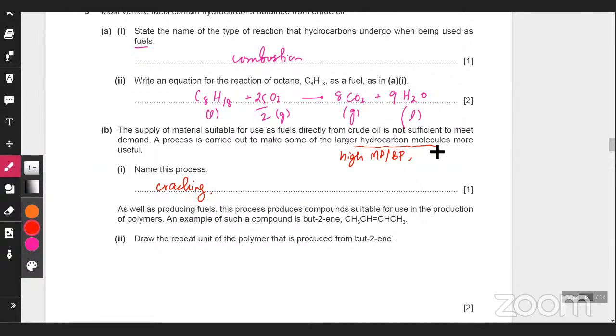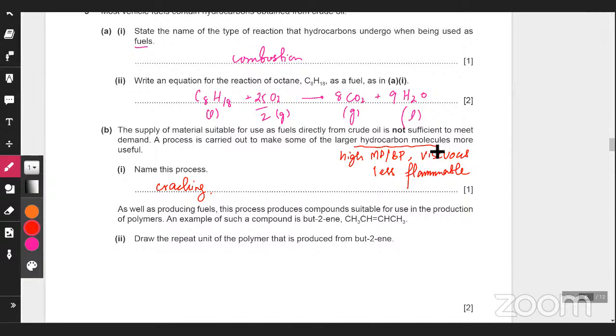They attract each other very strongly, and they're going to be very viscous and less flammable, because they are already strongly attracting each other, which is why they don't burn very easily.